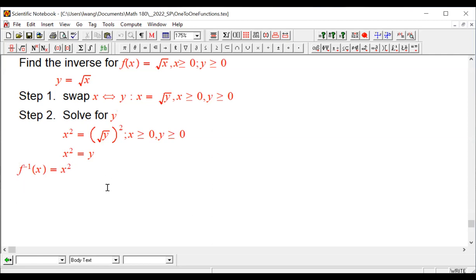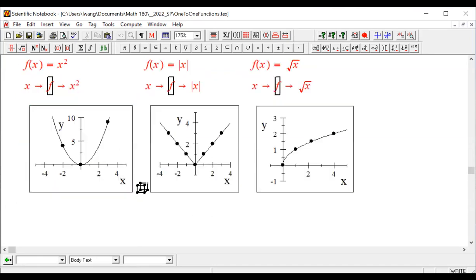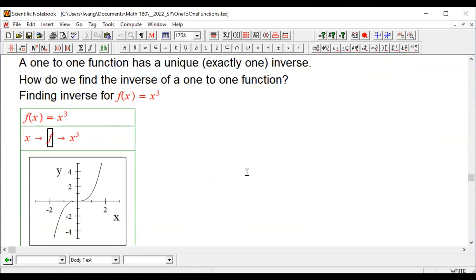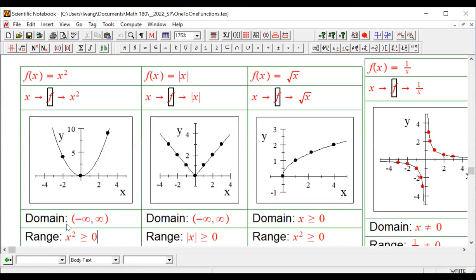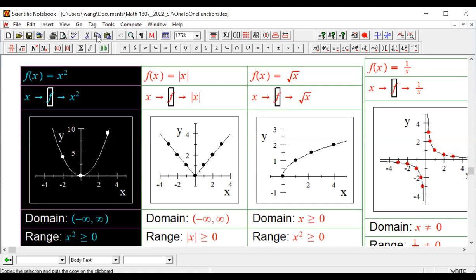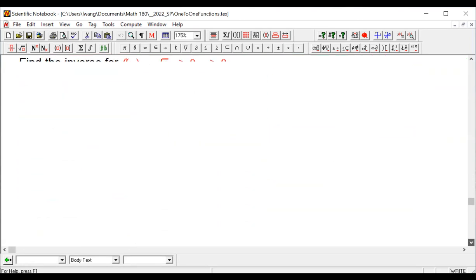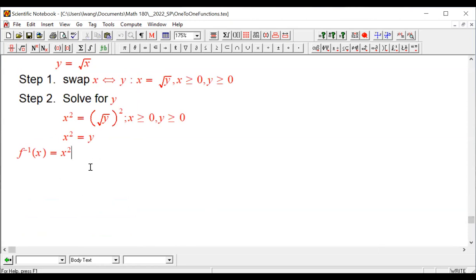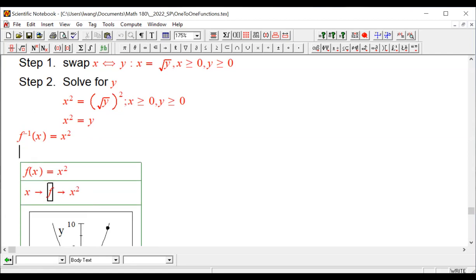And then you may say, didn't we talk about that x squared doesn't have an inverse? Is this x squared the same as the x squared we have discussed?